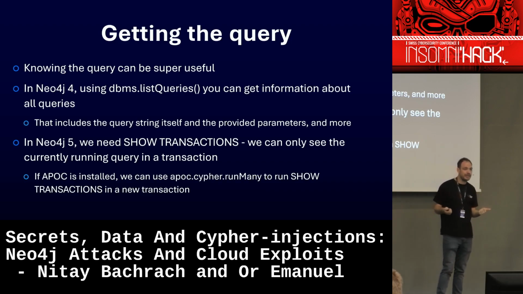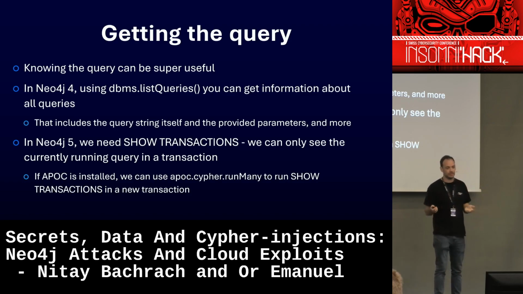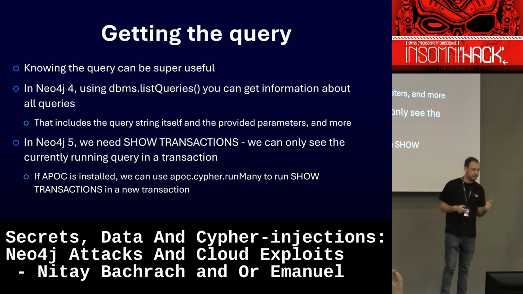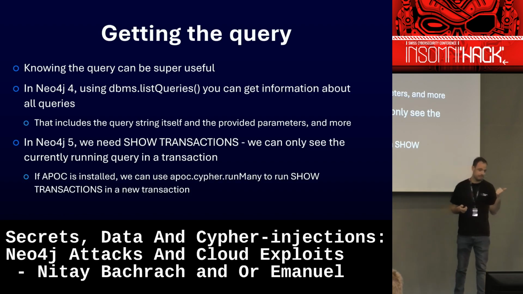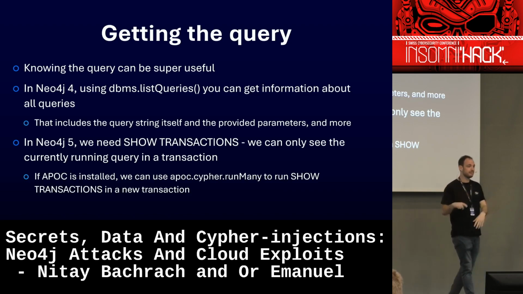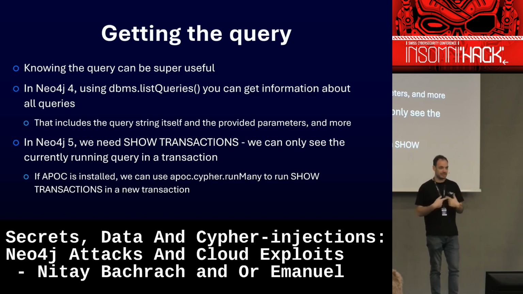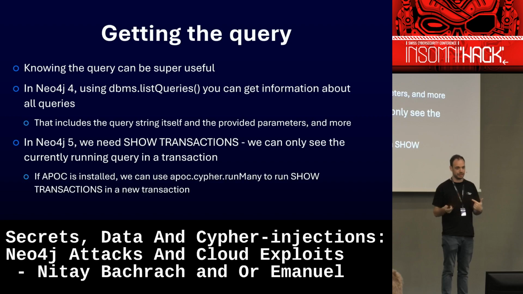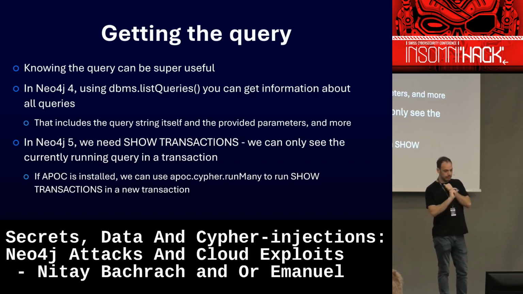And now we know the queries, we know what it expects, we can easily do it. In Neo4j 4, it's pretty trivial. There is a procedure, list queries, and it gets information about all queries, including the one that is running right now and we are injecting into. In Neo4j 5, we have show transactions, and it only returns the currently running query.